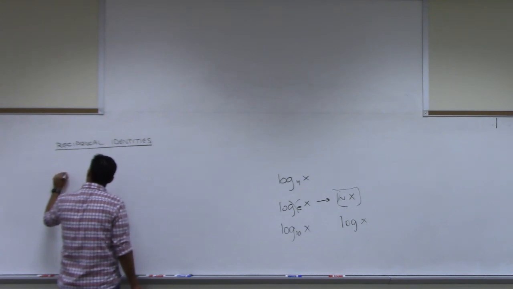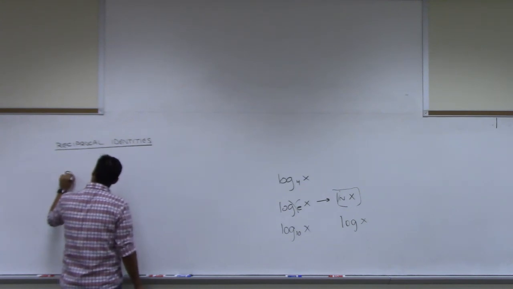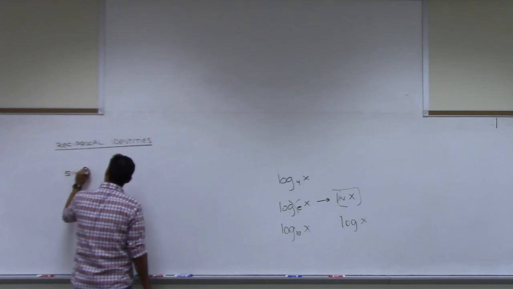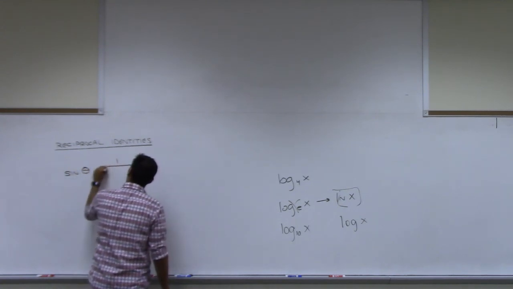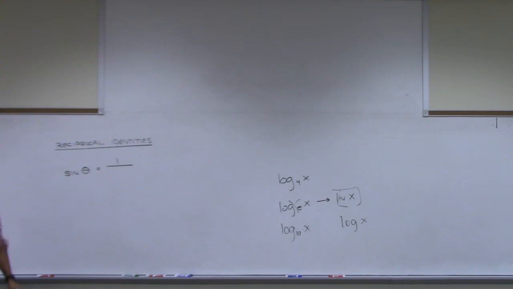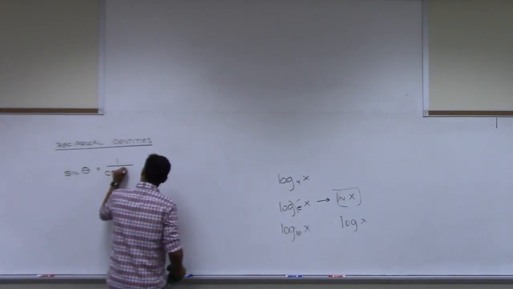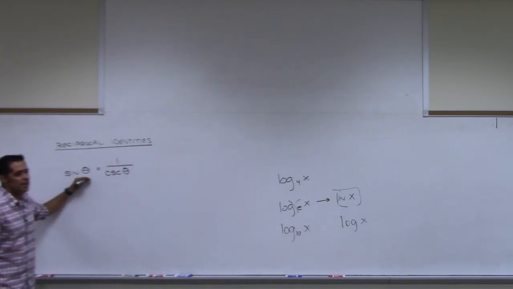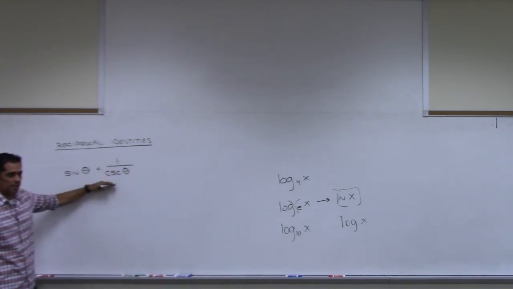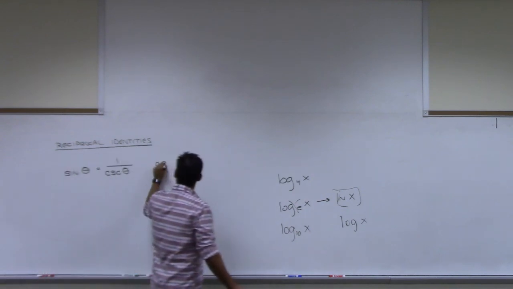Would you help me with this? Sine of theta is equal to 1 over, we talked about this earlier, that if we took those ratios when we were defining them, we could just flip them and come up with another trig function. So what was the one that we flipped to get sine? When we flipped sine, what trig function did we get? Cosecant. So we have this identity, that sine of theta is equal to the reciprocal of cosecant. You could also write it this way.